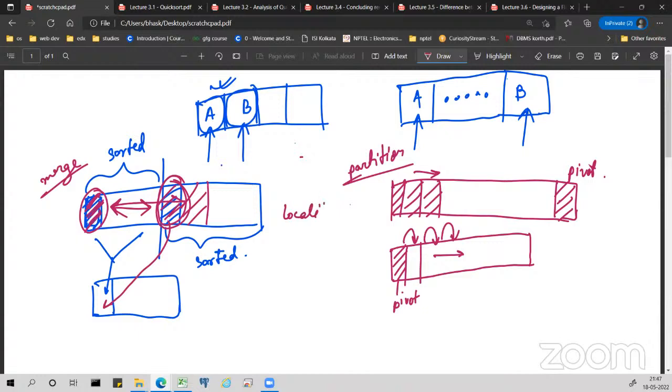So merge sort is not that good in terms of locality of reference, but quick sort is very much better in terms of locality of reference. So this actually allows quick sort to work better on the hardware rather than merge sort.